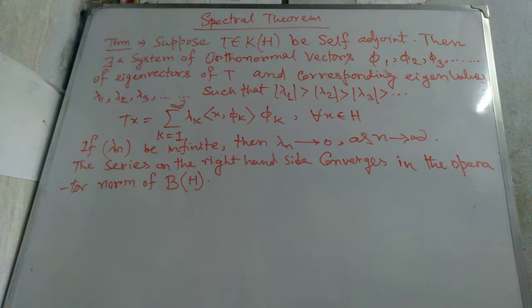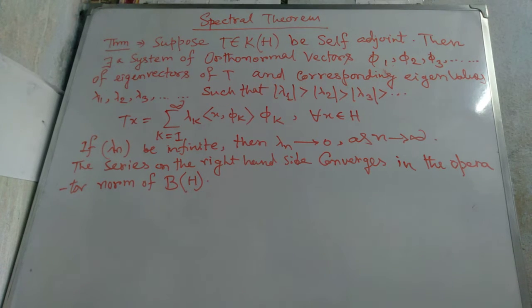Then Tx equals the summation k equals 1 to infinity of lambda k times x, phi k inner product, phi k, for all x belongs to H, and if the sequence lambda n is infinite, then lambda n tends to 0 as n tends to infinity, and the series on the right hand side converges in the operator norm of B(H).